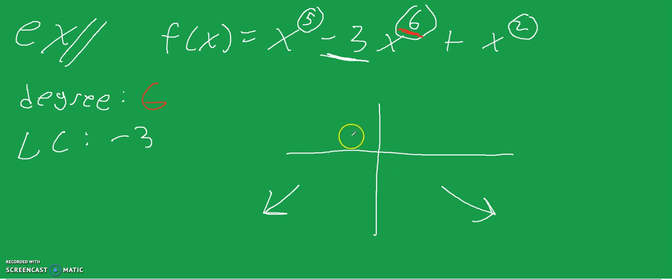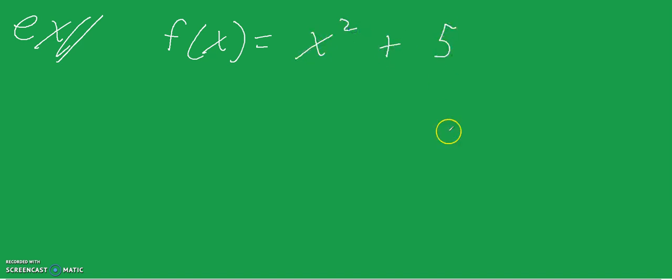Alright, next example. This next one's going to be f of x equals x squared plus 5 minus 3x. Just like in the last one, it doesn't really matter what order these come in. All I care about is what is the highest power.